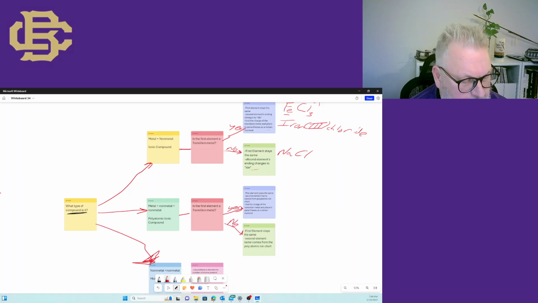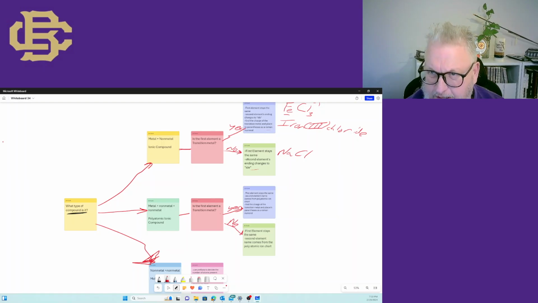Let's do an example. Let's say we've got iron chlorate. Well, just by me saying iron chlorate, that doesn't help me at all. So let's say we have iron 3 chlorate.